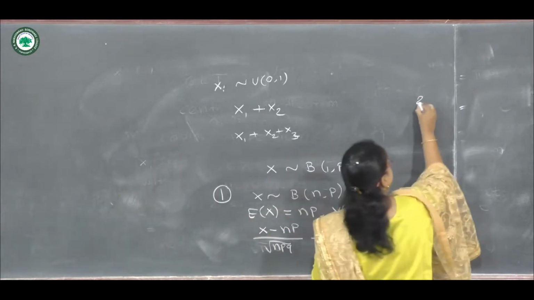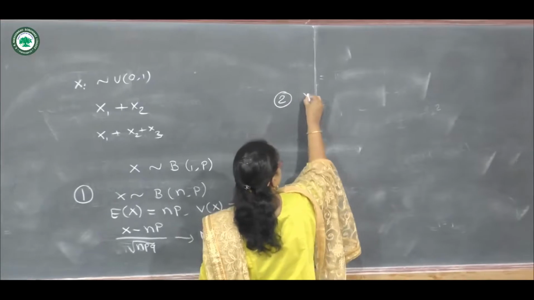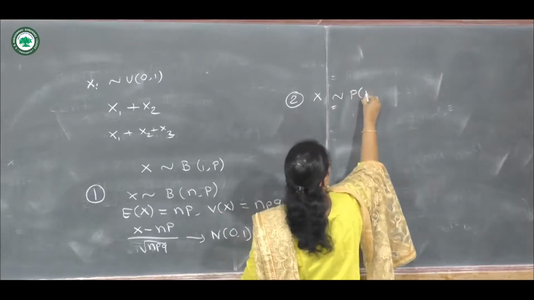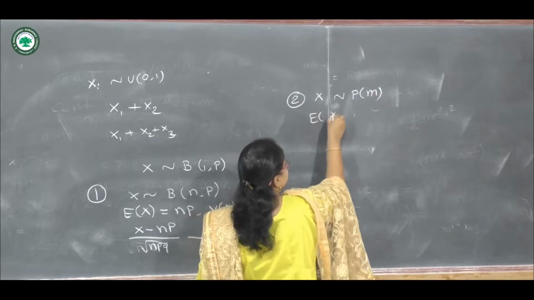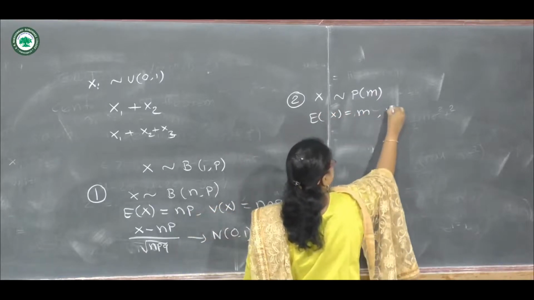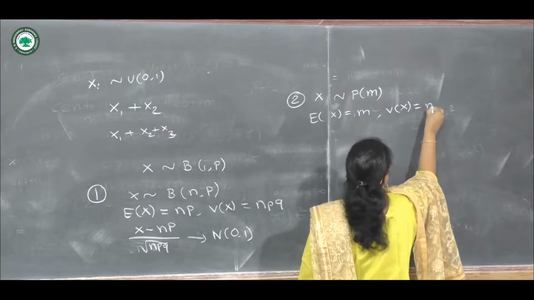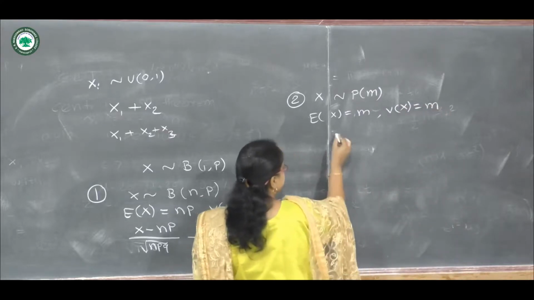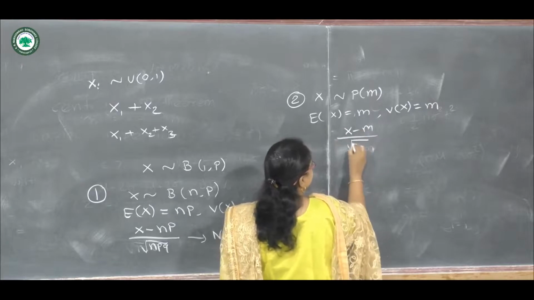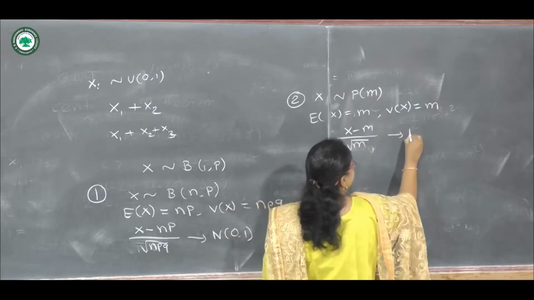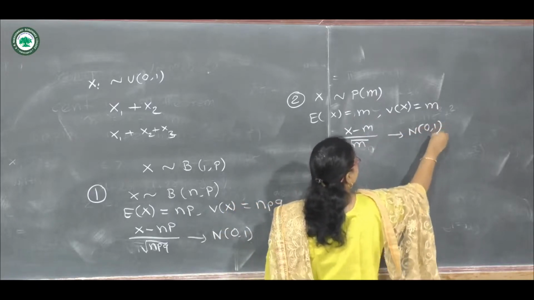Also the next statement is given. If x follows Poisson with parameter m, we know that expected x is m and variance of x is m for Poisson distribution, then x minus m divided by root m will converge to normal 0, 1.